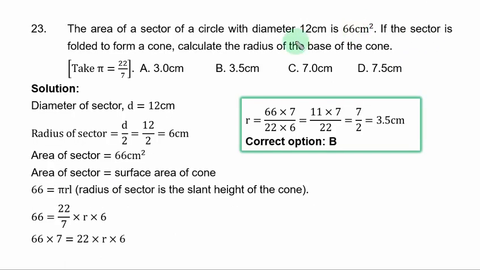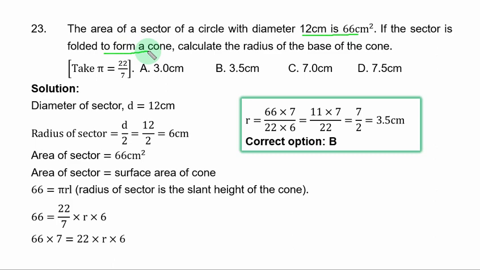Question 23. The area of a sector of a circle with diameter 12 cm is 66 square centimeters. If the sector is folded to form a cone, calculate the radius of the base of the cone. Solution.